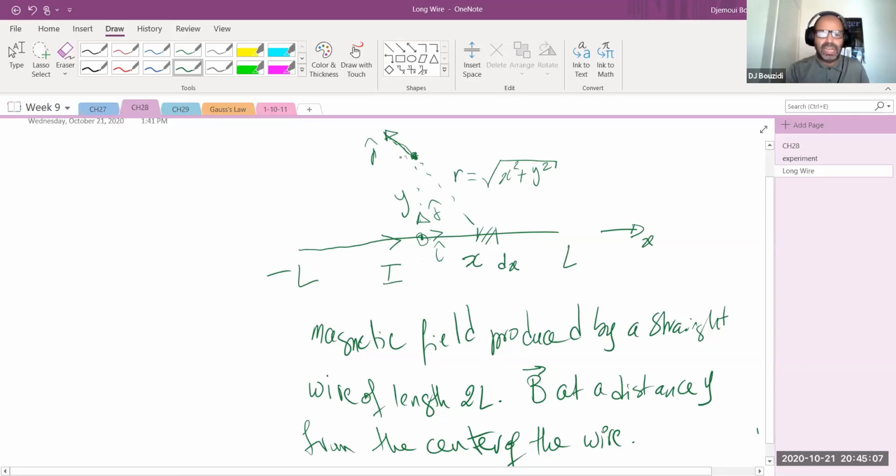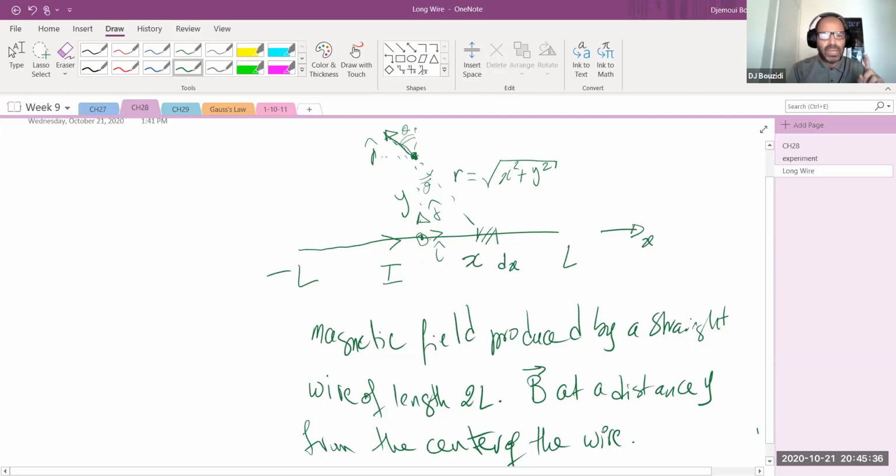It clearly has a negative component along the x direction, and it has a positive component in the y direction. This angle I'm going to call theta from the get-go, and this is the same angle theta. From these coordinates, I know that the x component is the opposite to theta, which is sine theta times the length of the unit vector, which is 1. So it's negative sine theta in the i hat direction.